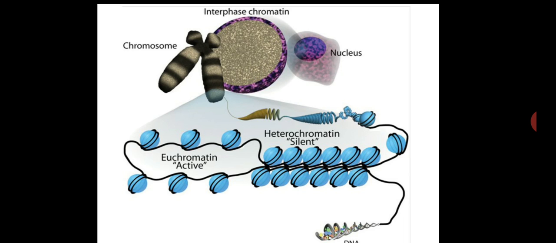During interphase we can clearly view the heterochromatin and euchromatin regions when we stain with different stains. They form banding patterns, darkly stained and lightly stained bands, right?